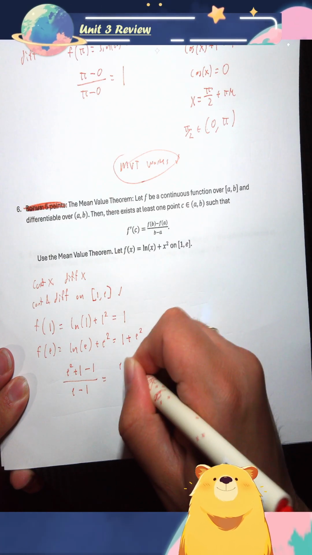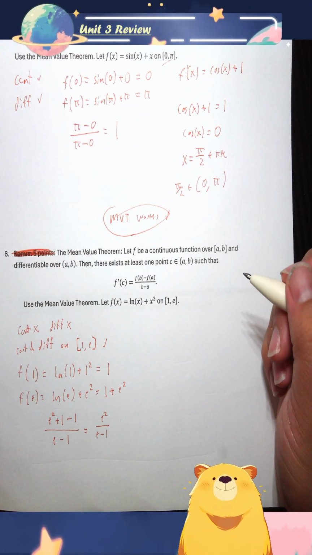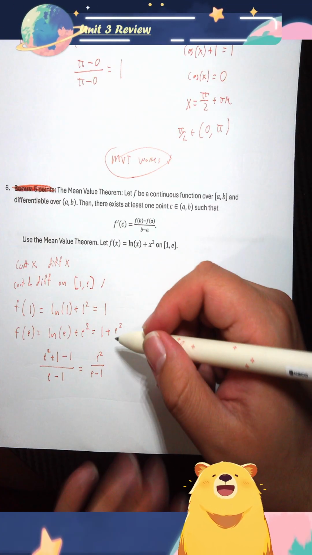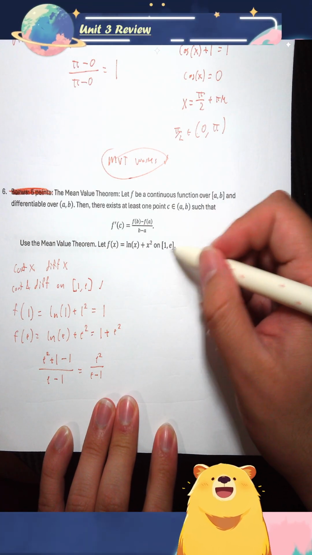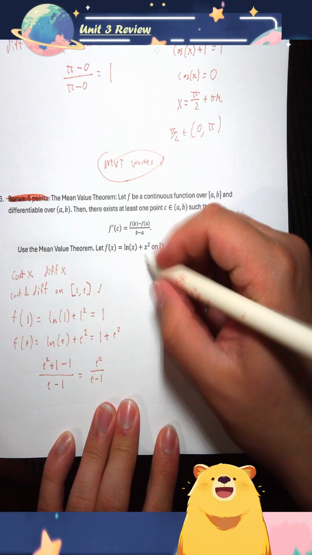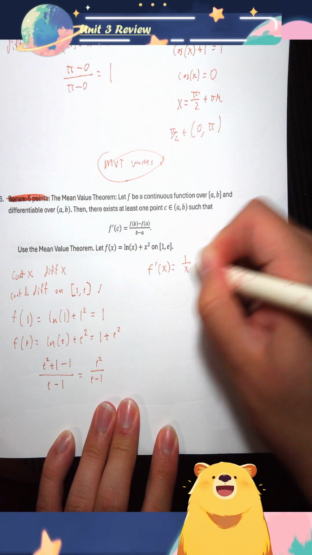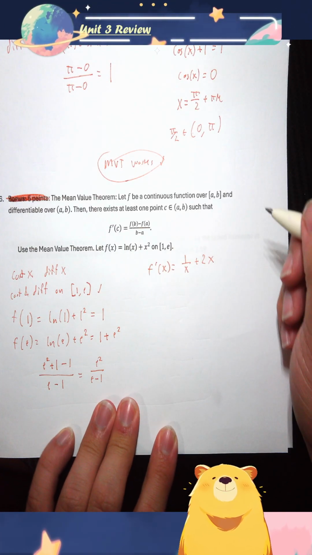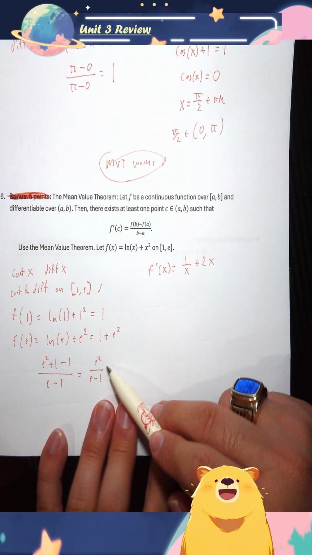And that becomes e squared over e minus 1. Okay. Then, for this, we can go ahead and claim that there should exist an answer in between these two, where f prime, which in this case is 1 over x plus 2x, equals this value.